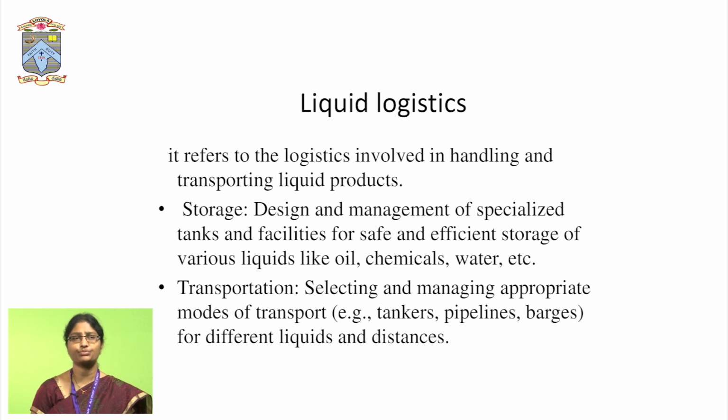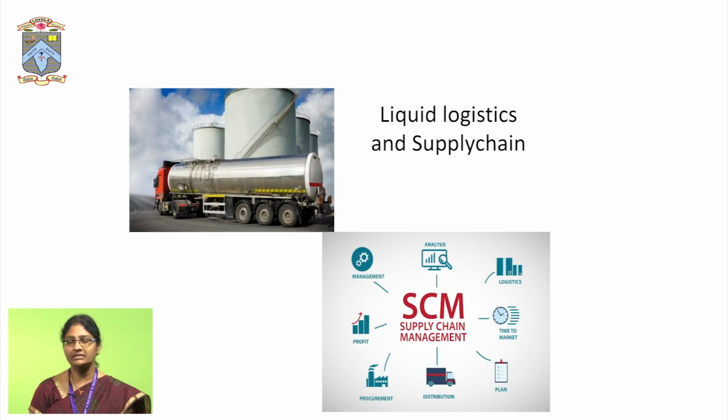Like tankers, pipelines, we can select an appropriate mode of transportation for different liquids, and it depends on the distance. So, this is liquid logistics. Now, we can observe through the picture how these containers and the liquid logistics are taking place.